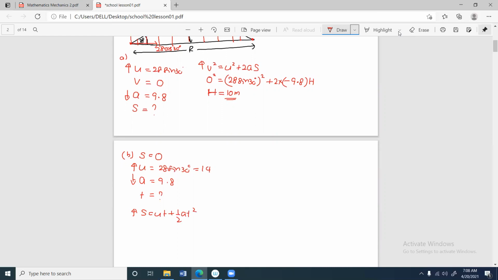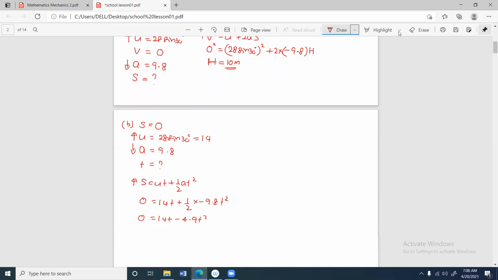So 0 equals 14T plus half into minus 9.8 T squared, so 0 equals 14T minus 4.9 T squared. Since the time is not 0, T cannot be 0.